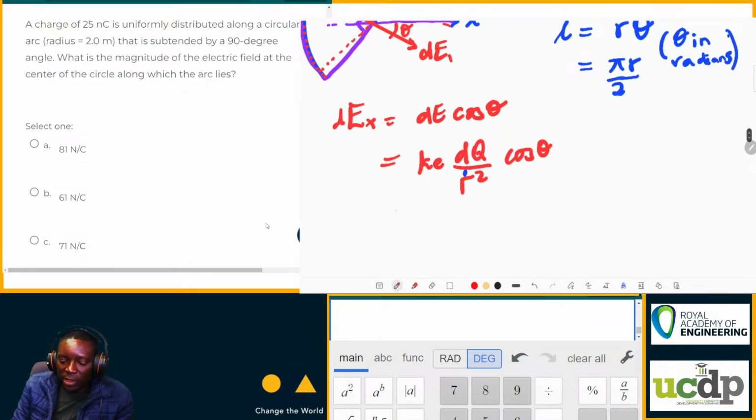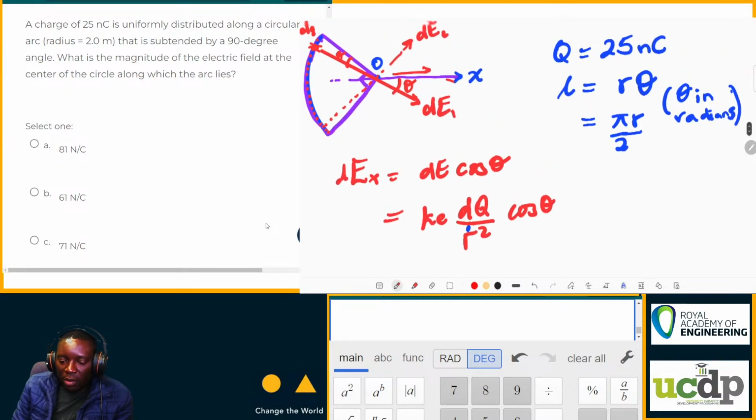dq, we have to express our dq in terms of the variable component that is summing up within this expression. In this case, our radius is constant. What is varying is dq along the circumference, which is similar to a variation along theta.